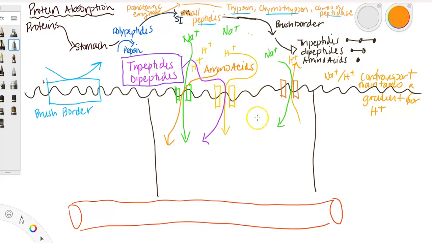Okay. And of course, sodium is still going back out through this little co-transport thing here.